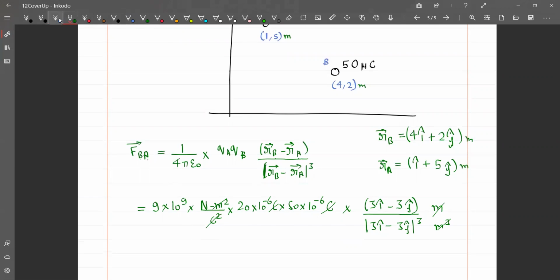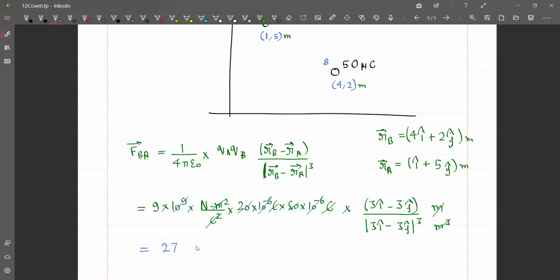Then this is 10 raised to 9, 10 raised to minus 6, 10 raised to minus 6, and 20 into 50 is 1,000.